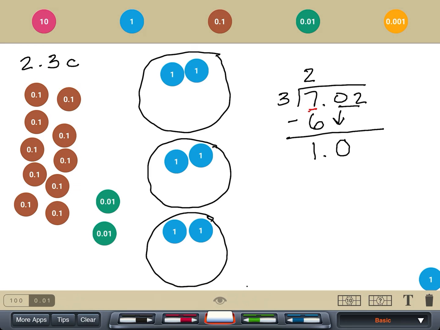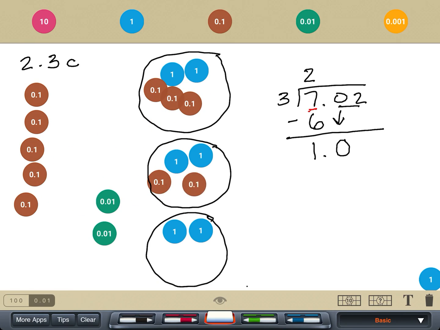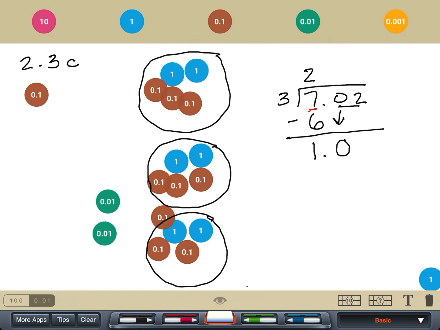Well, we could think about it a few different ways. We know that we have enough, for sure, that 1 can go in each, and we would have used 3. 2 can go in each, and we would have used 6. 3 could go in each, and we would have used 9. So here's 1, 2, 3, 4, 5, 6, 7, 8, 9. I'm going to use a different color so you can see that we're moving on to the tenths place here.